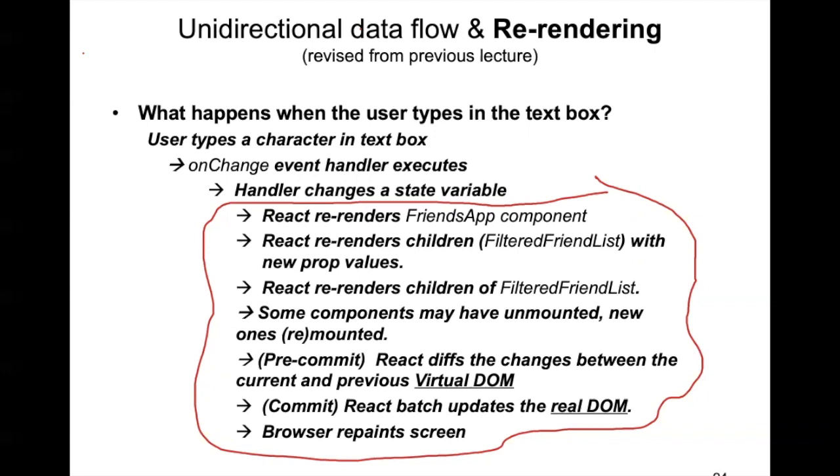By previous and current, I mean what was the state of the virtual DOM before one of your components experienced a state change and subsequently went through a re-rendering process. Having gone through a re-rendering process and all of its siblings re-rendering, there's now a new version of the virtual DOM. And so it does a diff operation between the new version and the previous version, and then it carries out a batch update to the real DOM. So that diff operation is performed by React, and that's really what happens in the pre-commit phase.